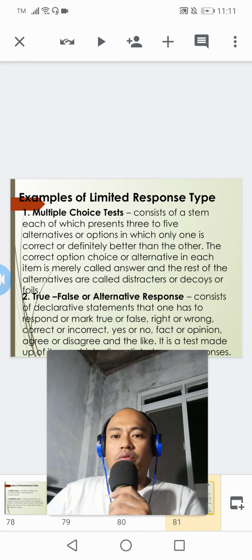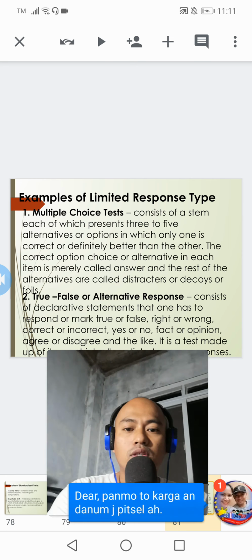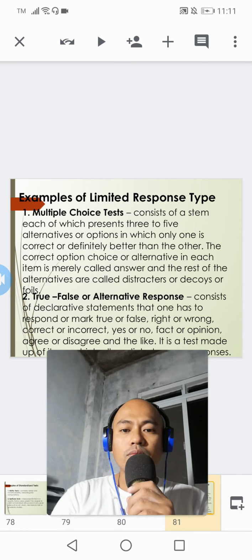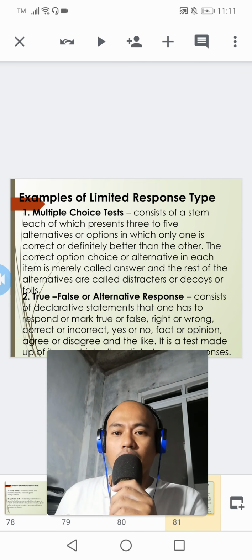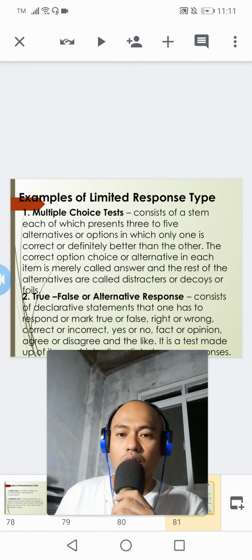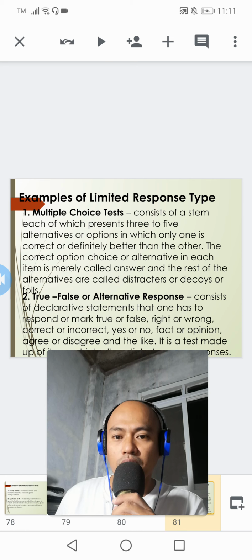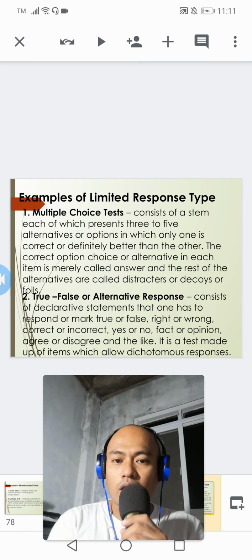So the true or false or the alternative response consists of a declarative statement that one has to respond to or mark true or false. We can also say right or wrong, correct or incorrect, or maybe yes or no, fact or opinion, agree or disagree, and the like.